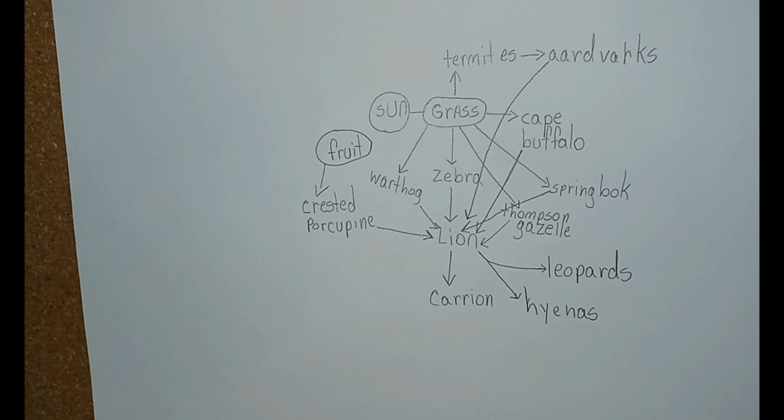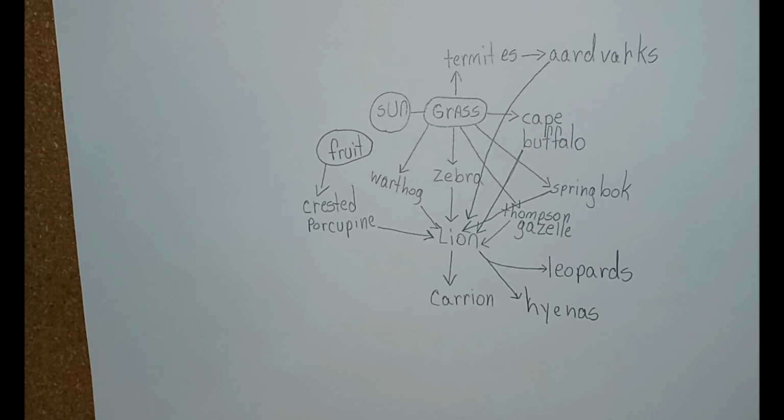Probably still focusing on our savanna. Notice a lot of these lines all come back to our lion. Our lion is going to be our main carnivore in this, and they eat a lot of the same animals that are on here. What we're going to do is we're going to remove a layer of this ecosystem.